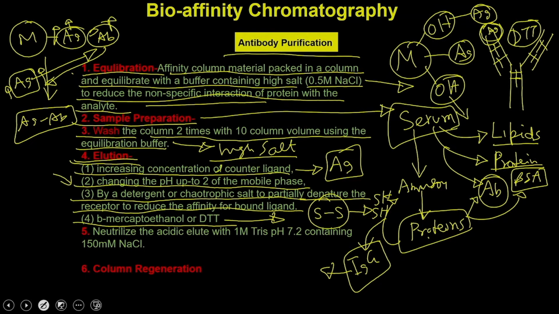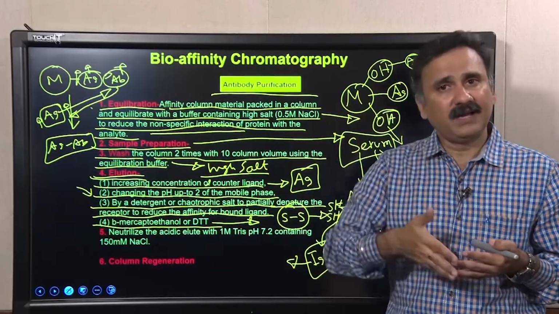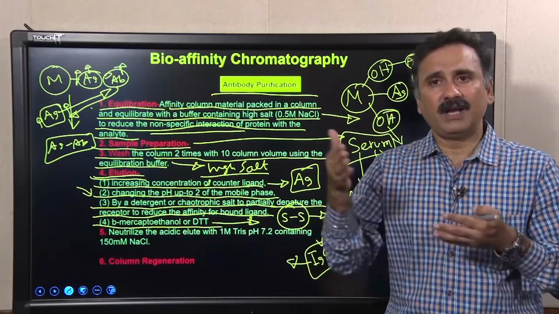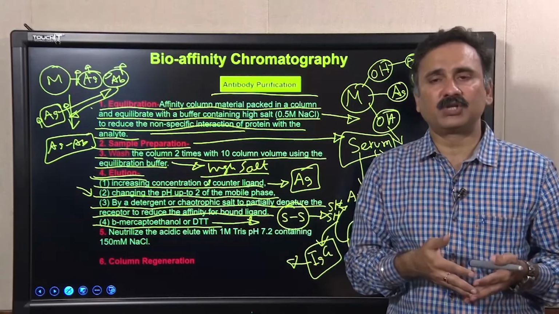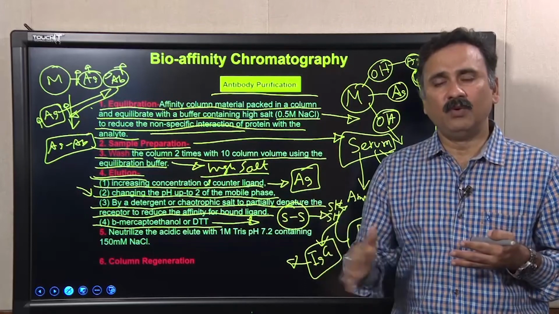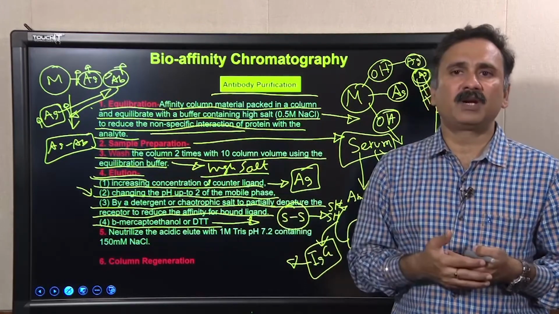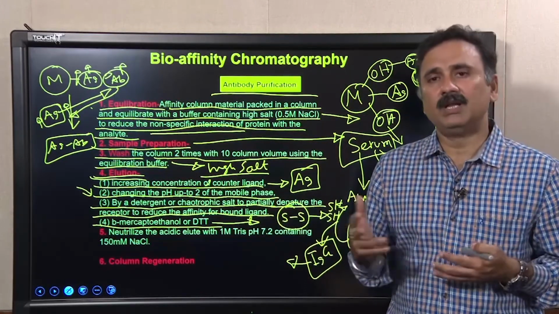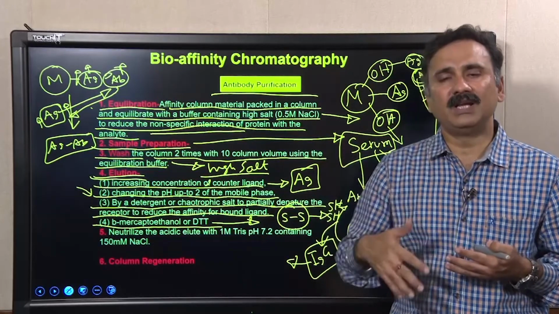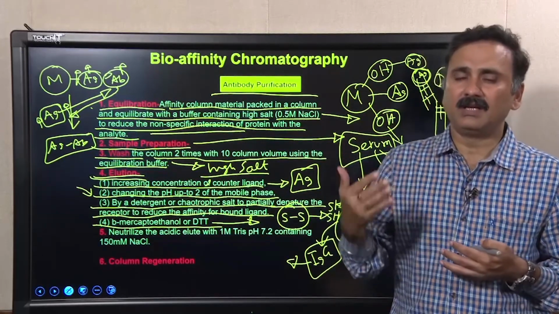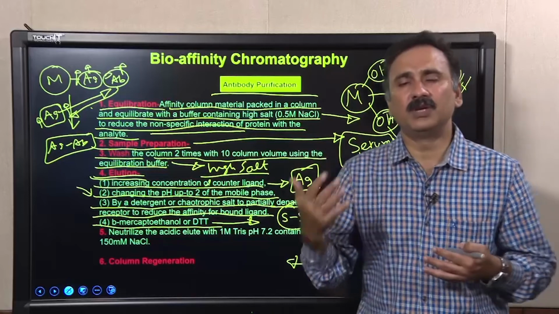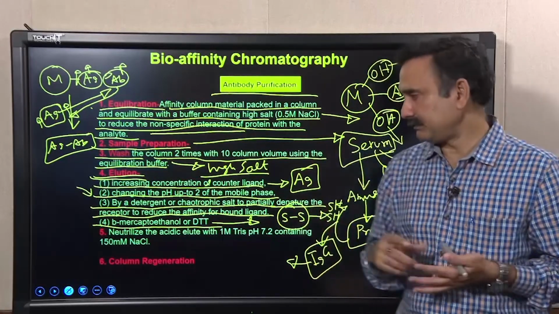But as I said, just like the pH, this process is also very detrimental and it is not good for the antibody. So, you have to oxidize the antibody as soon as it comes out into the fractions, and you have to remove the DTT or beta mercaptoethanol very quickly, so that you will be able to renature the antibodies, so that the antibody will acquire its original 3-dimensional structure.